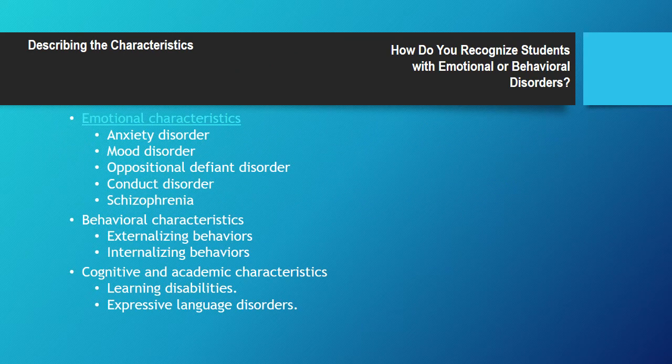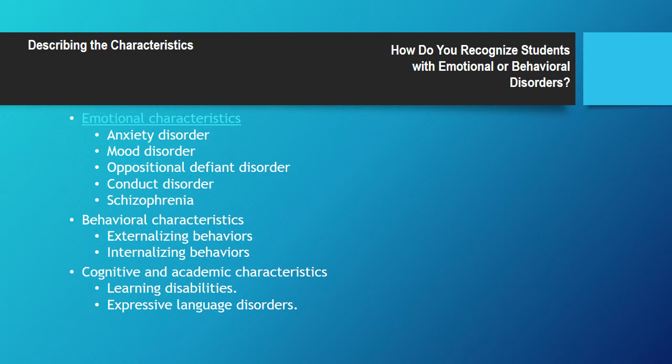In part 1 of the lecture slides, we discussed the characteristics of emotional behavioral disorders. Those characteristics can be divided as shown on the slides, and this may help in recognition of client students with emotional or behavioral disorders. Emotional characteristics can indicate anxiety disorders, mood disorders, oppositional defiant disorder, conduct disorder, and schizophrenia.